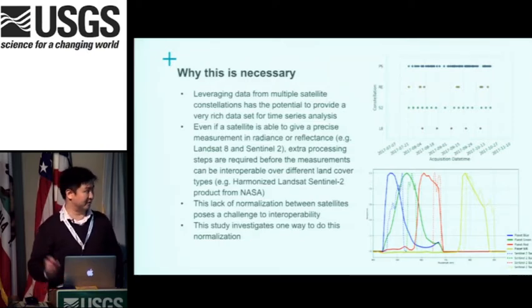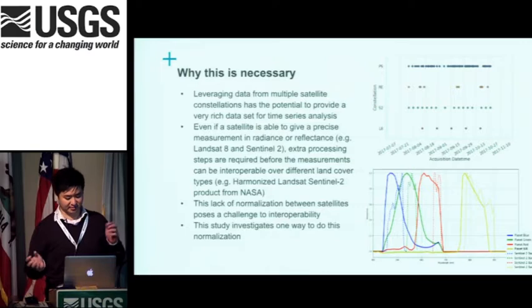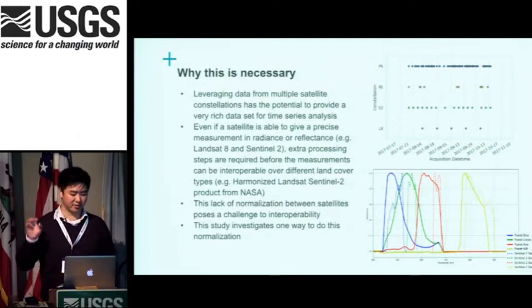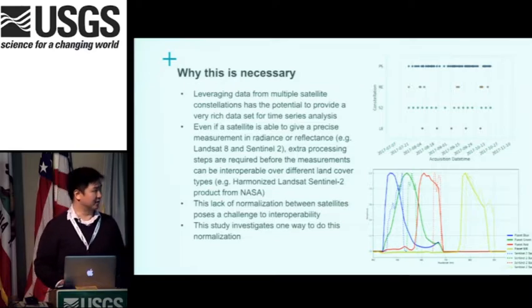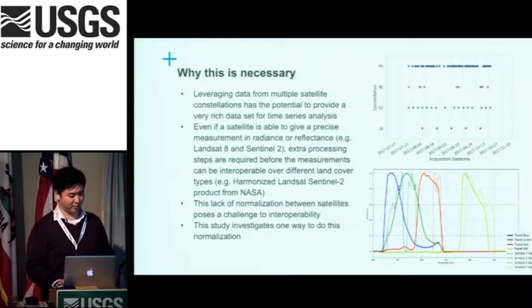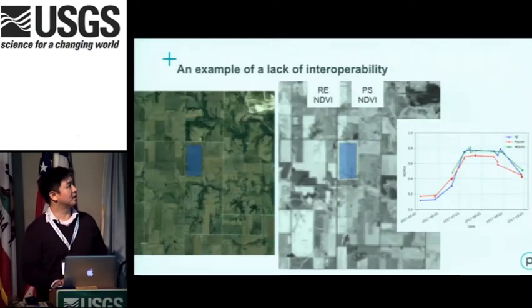This lack of normalization poses a challenge to these studies. In calibration, this might be done using a spectral band adjustment factor, but that requires knowledge of what you're imaging to calculate these factors. So this study is just looking at one way to normalize it for certain types of land cover class.